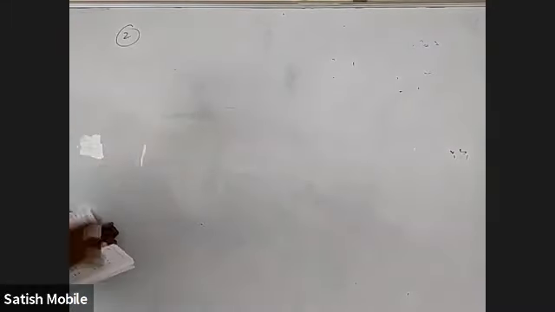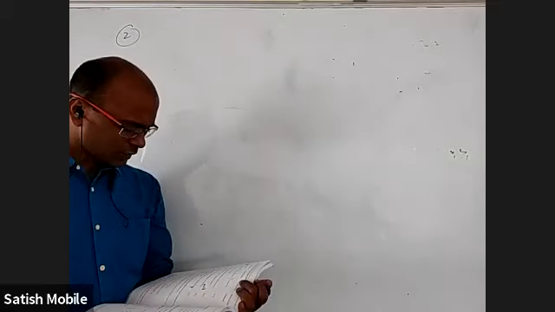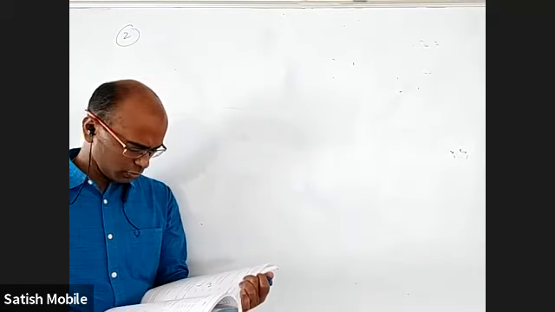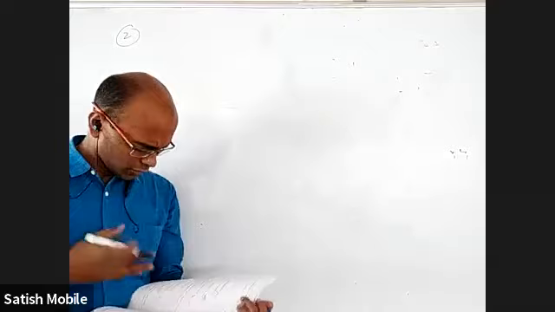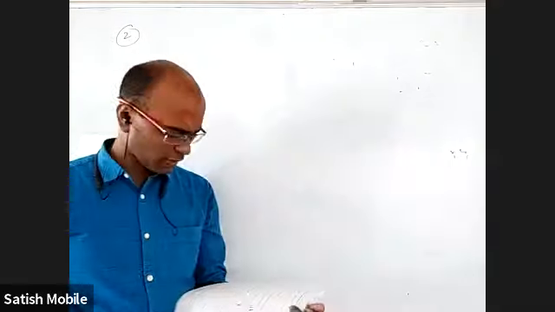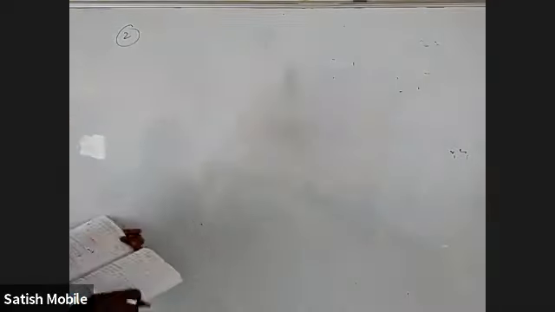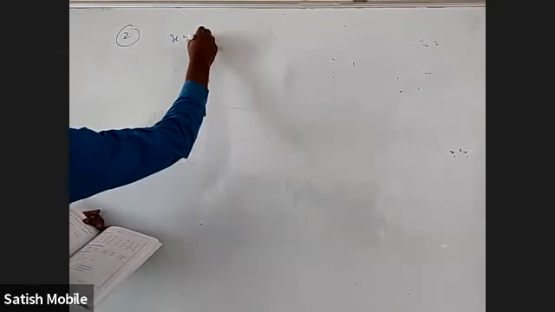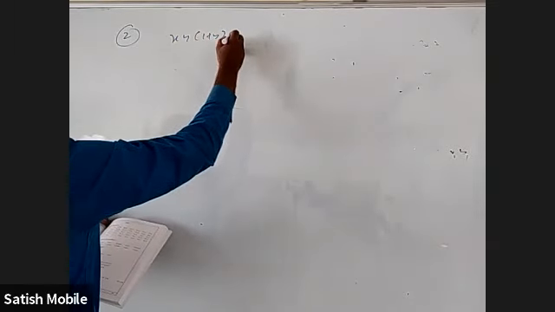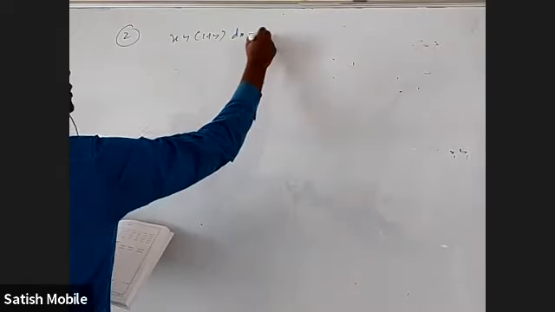Okay, second one. Let y equal f of x satisfies the differential equation. I think one or two of this past year mains questions they gave as it is in numerical. This must be that. x y into 1 plus y dx is equal to dy.